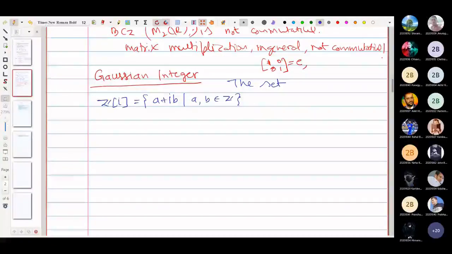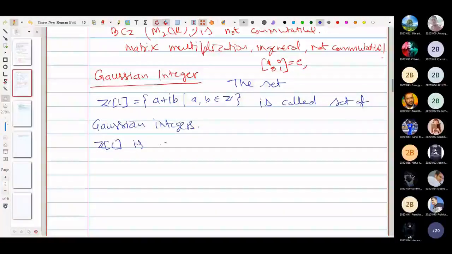The set Z[i] is called the set of Gaussian integers. Of course, there are infinitely many elements, so its order as a group is going to be infinity.